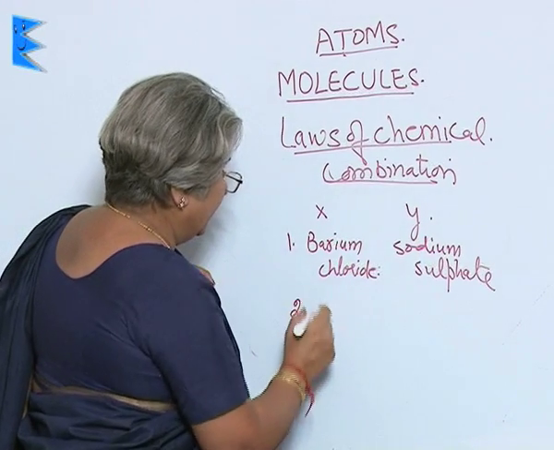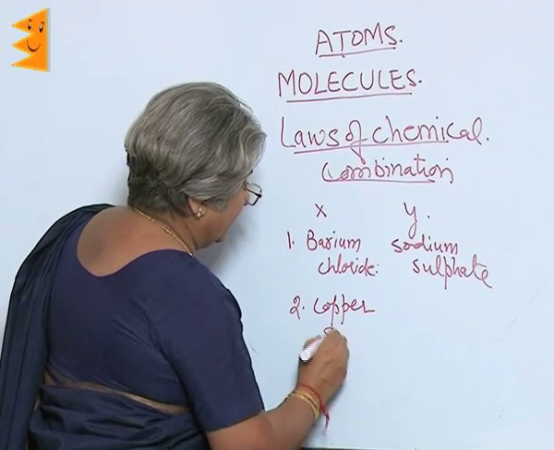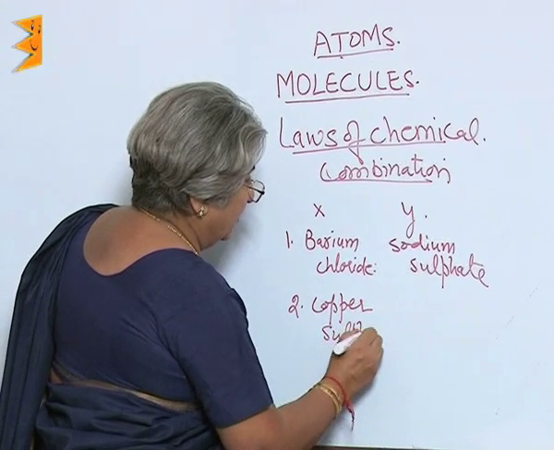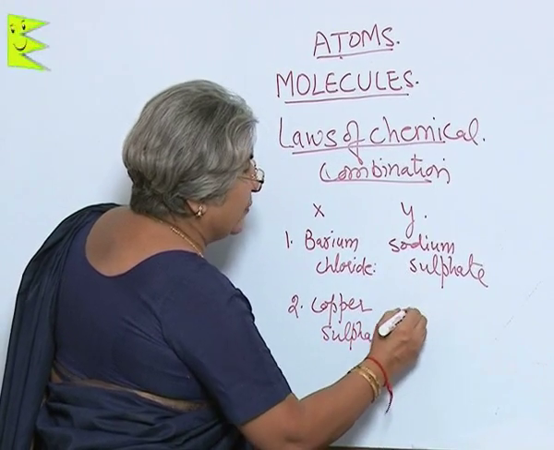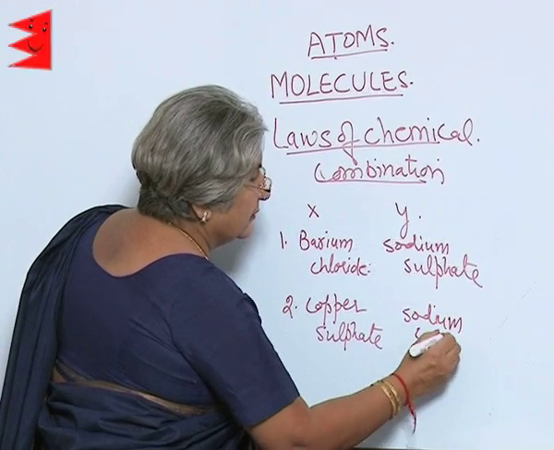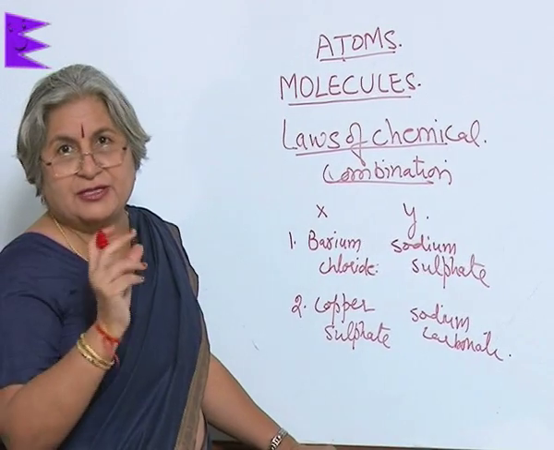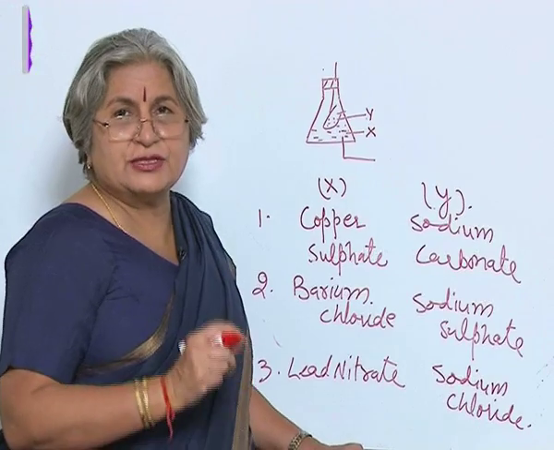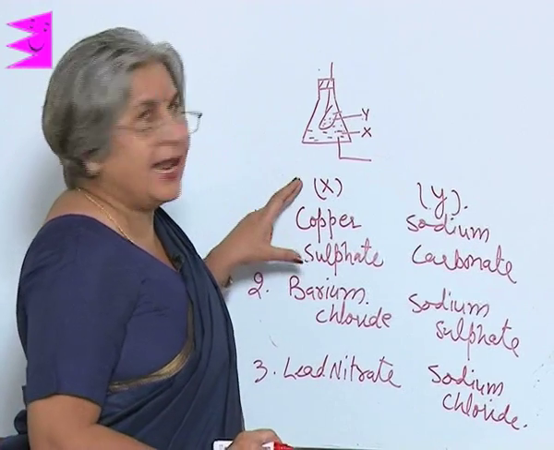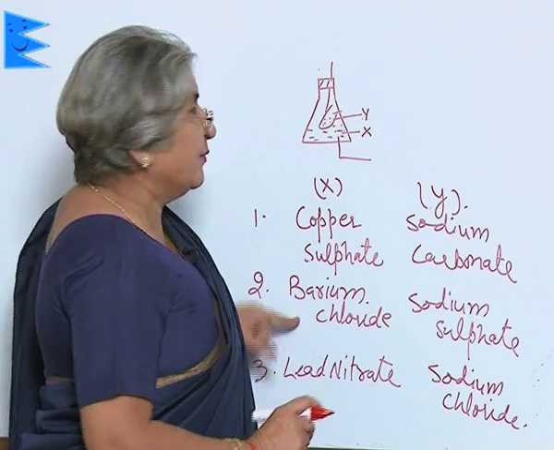Or for X you have copper sulfate and for Y you have sodium carbonate, or any such pairs you develop. We can choose any one salt from, say, X. For example, let us choose barium chloride.